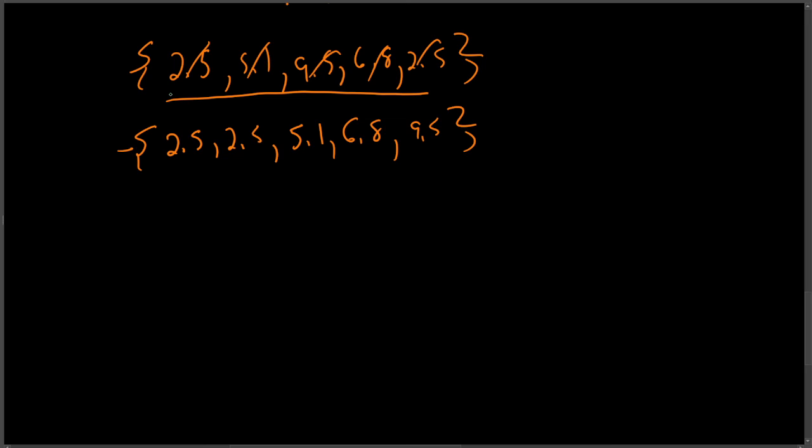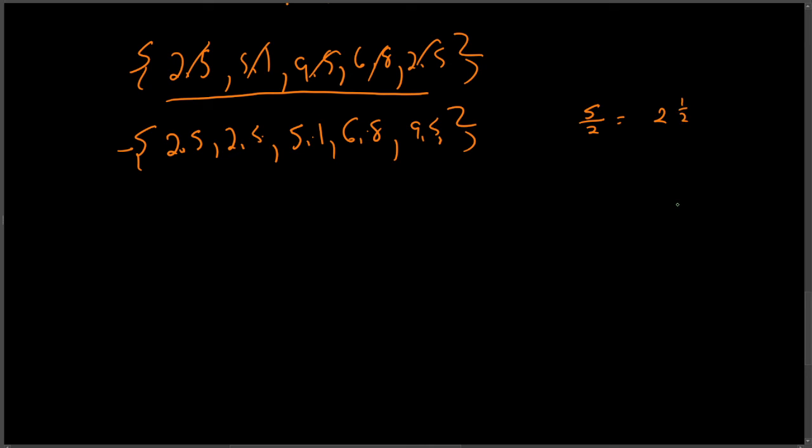And so in the median, I want to find the number in the middle. So I have 1, 2, 3, 4, 5 things. And so the middle of 5, or if I divide 5 in half, that's where we find the middle. 2 goes into 5 twice with 1 left over.